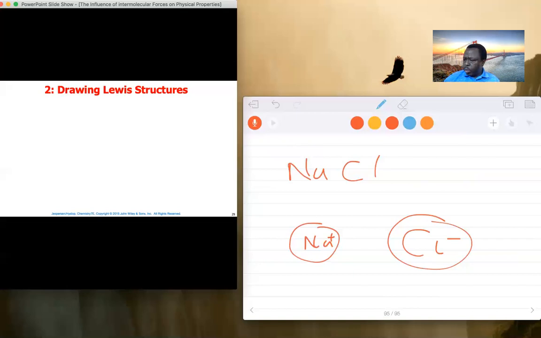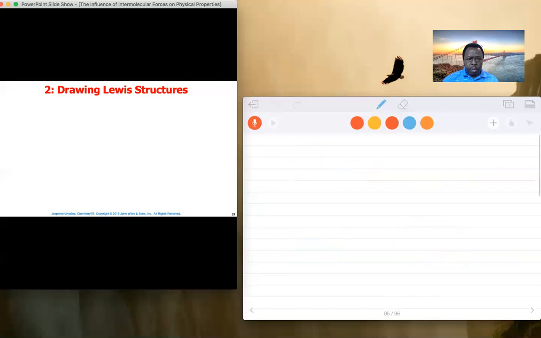Before we embark on part one, let's look at how to draw the Lewis structure for molecules.